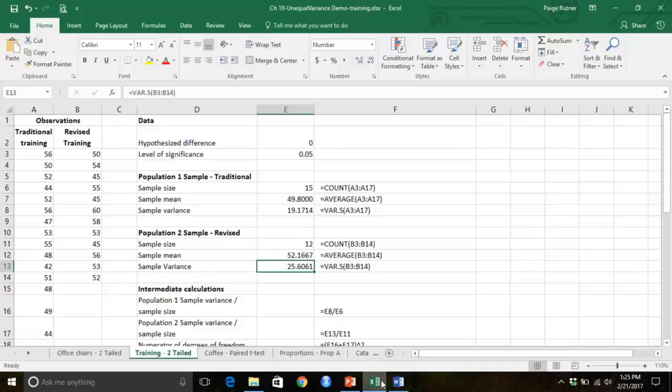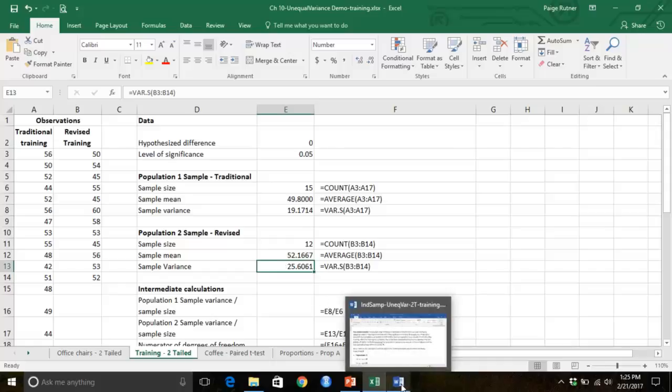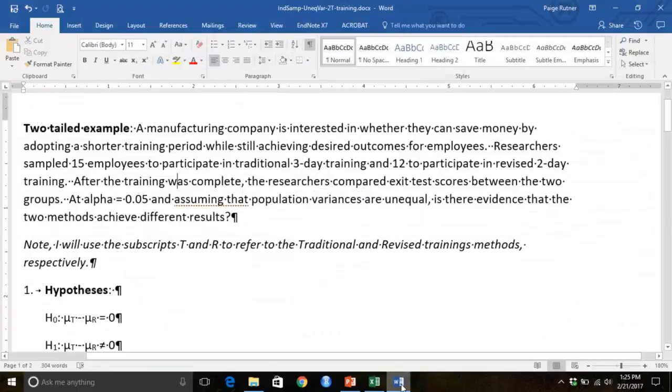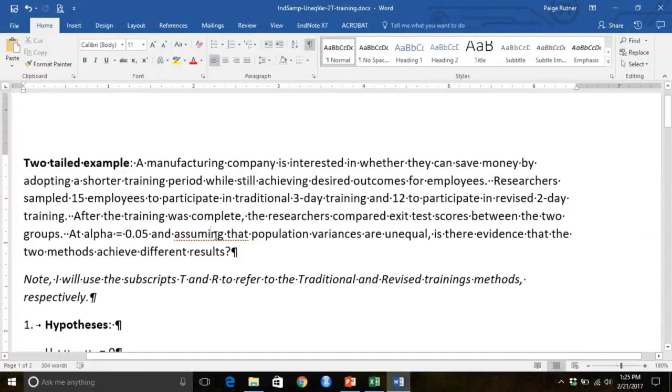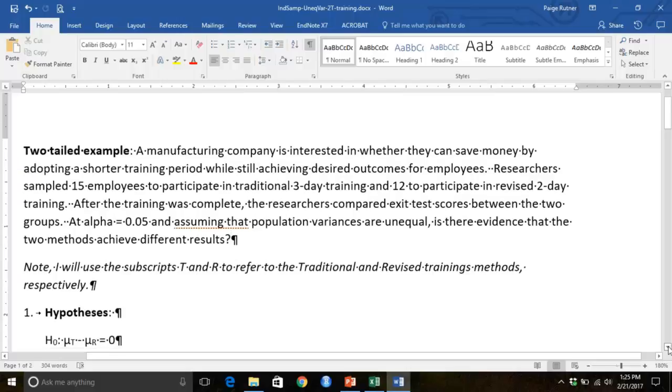Now, let's go ahead. We also need to state hypotheses and rejection rule and that kind of stuff. So I have that on a little document here. Starting out at the top here, what I've got is just a restatement of the problem, and I think this matches what was in the slide that we just looked at.